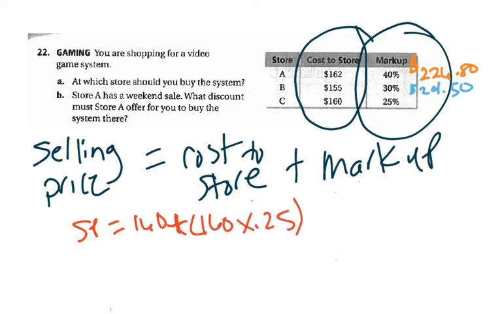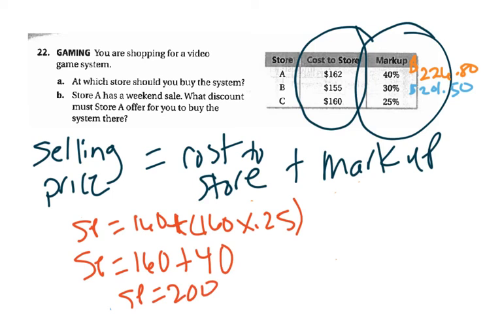Okay, so I'm going to put that in my calculator, 160 times 25%. So the selling price is equal to 160 plus $40, which is equal to $200. So this one is $200. So at what store should you buy the system? The answer to that is going to be C. That one is the cheapest option.